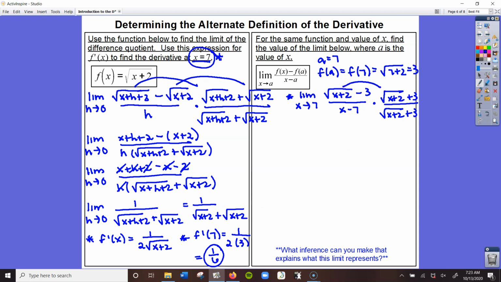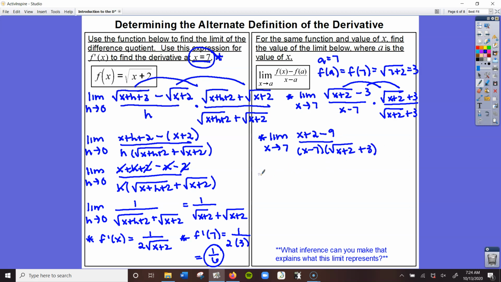Remember, with conjugates the middle terms always cancel, so we can just multiply first with the first, last with the last. It gives me the limit as x is approaching 7 of x plus 2, because the square roots would cancel, and negative 3 times 3 is a negative 9, all over x minus 7 times the square root of x plus 2 plus 3.